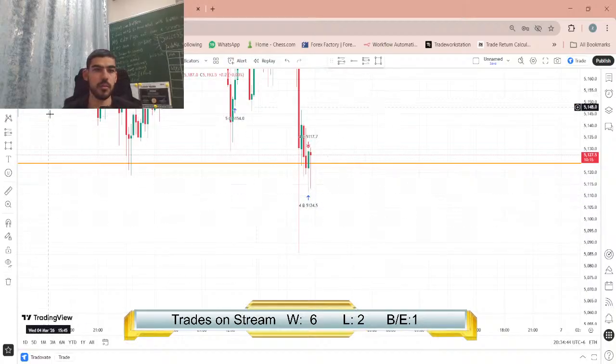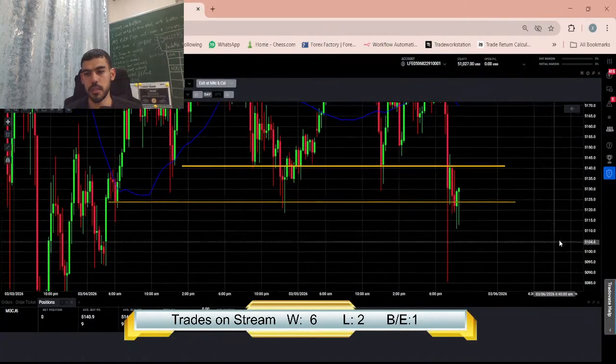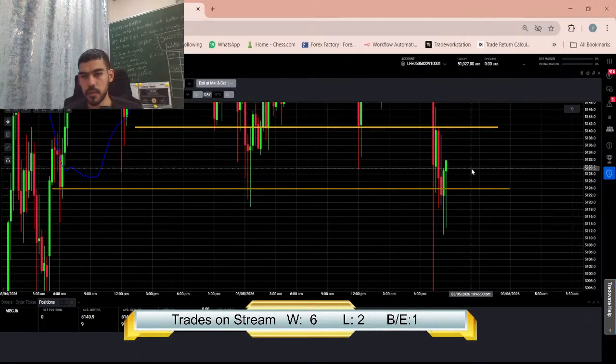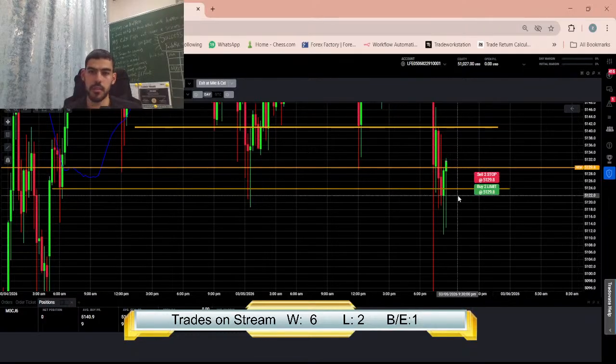Oh, would you look at that now? So now it's pushing up. I wanted to take a buy from here. Let's see if it would work or not, even if I took a buy there.